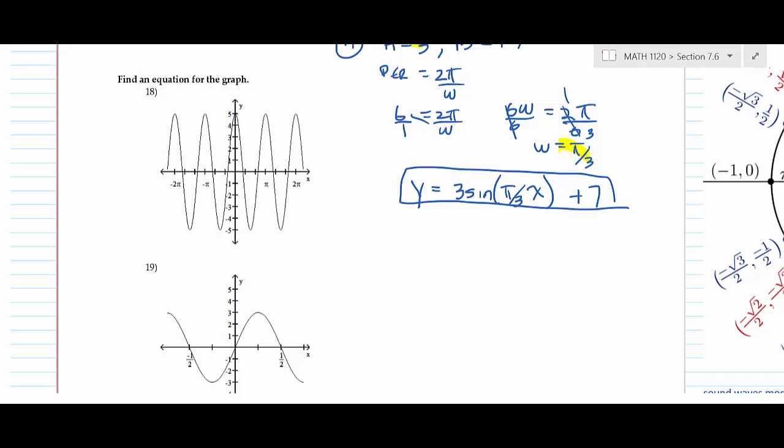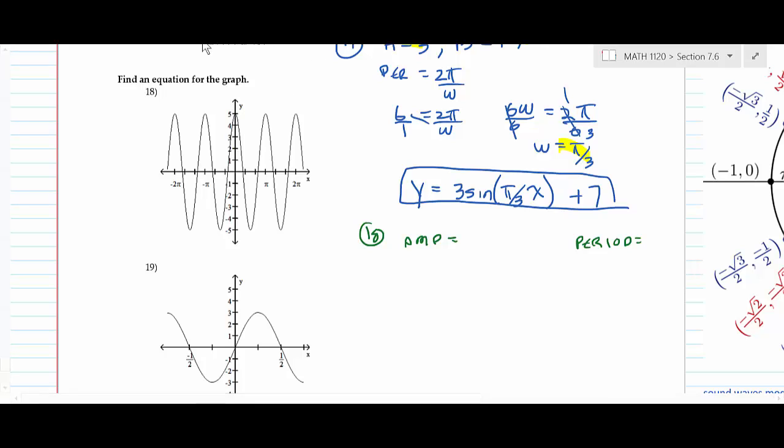That's the idea. Now on this number 18, you got to know these things. You got to know what the amplitude is. You also got to figure out what the period is, and you got to figure out if anything is moved up or down. That's what we've talked about so far. Does anybody know what the amplitude of that graph is by looking at it? 5, good.